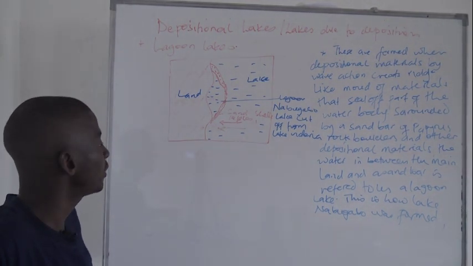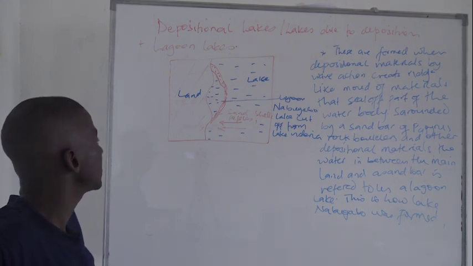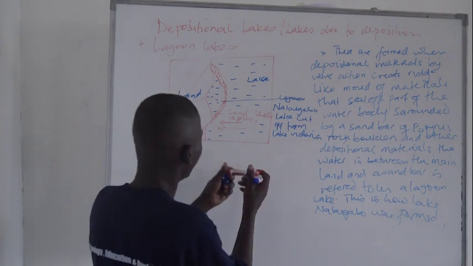It was formed when a sand bar separated the landmass from Lake Victoria.